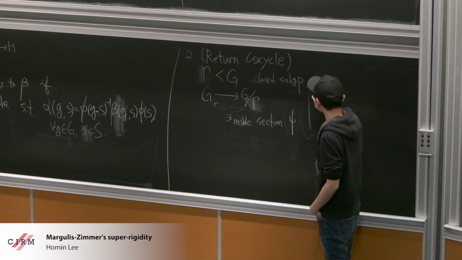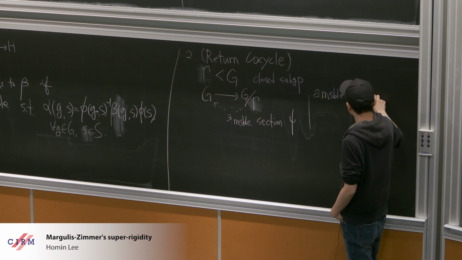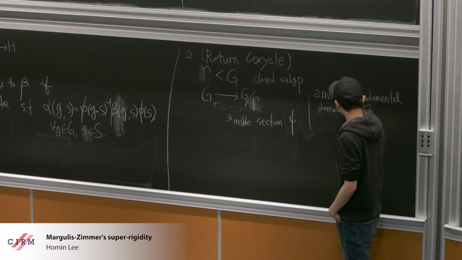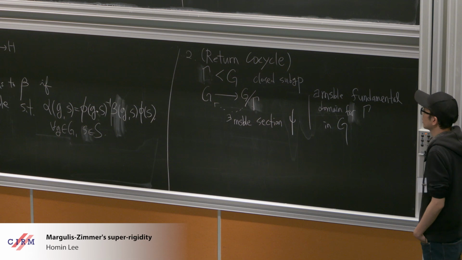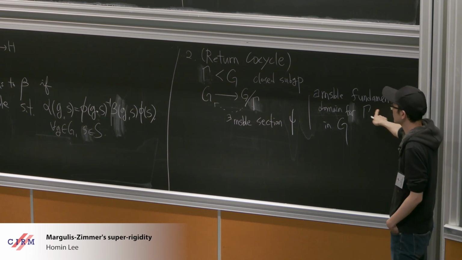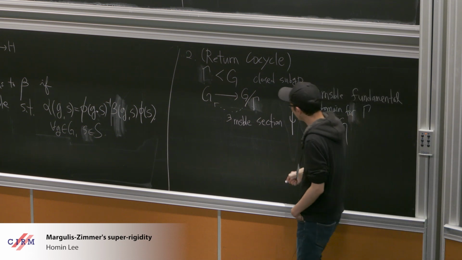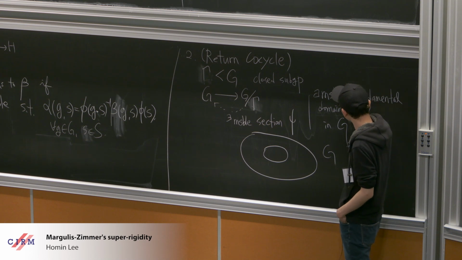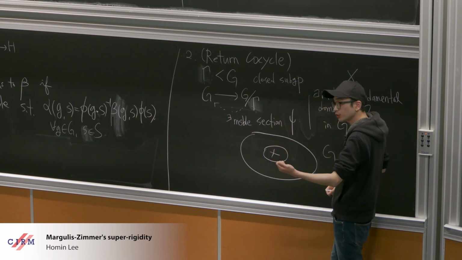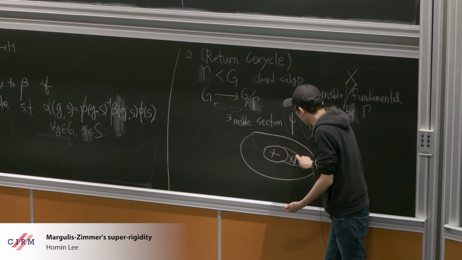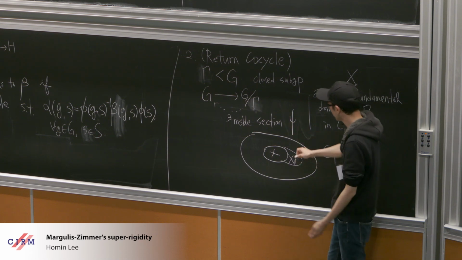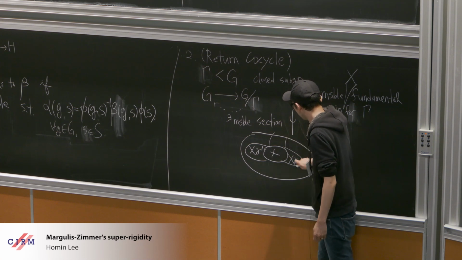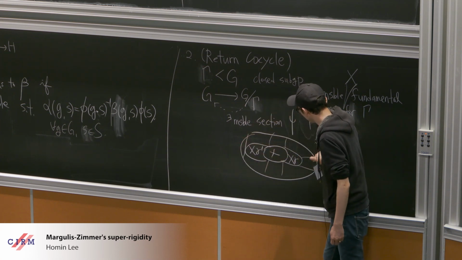That means there exists a measurable fundamental domain of gamma in G. So picking a measurable section psi is the same as picking one measurable fundamental domain for gamma in G. You have G here, and I have a fundamental domain X. If I translate by gamma, I have a disjoint measurable set, and translating by gamma prime, I have another disjoint measurable set, and now I can make a partition of G, something like this, right?